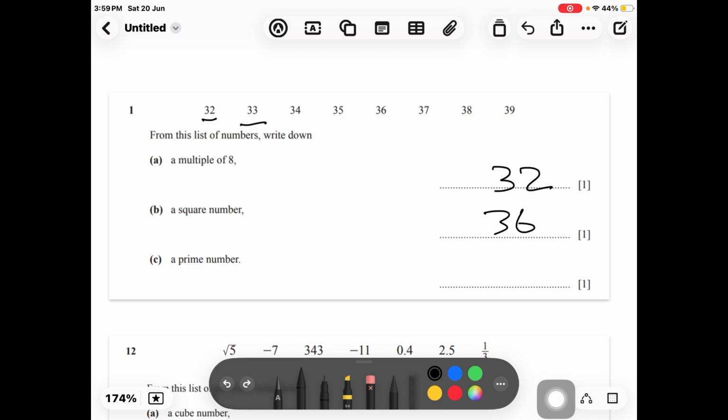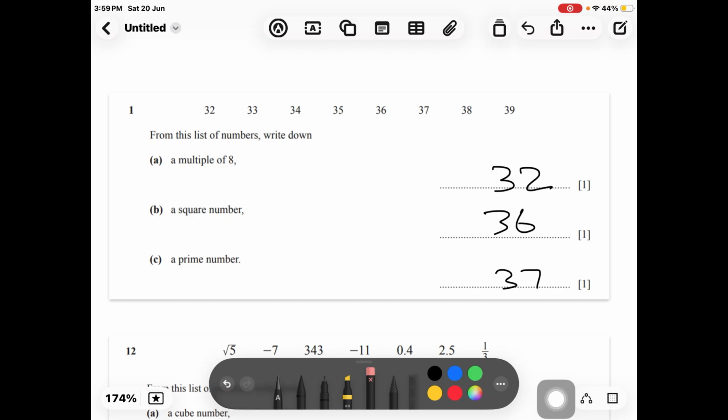There are 4 factors, so it's also not a prime number. 35 is a multiple of 5, so it's not a prime number. 36 is a square number, so obviously it's not a prime number. 37 only has the factors 1 and 37. So 37 is our prime number. And like that, we got a multiple of 8, a square number, and a prime number, all from this list right here.